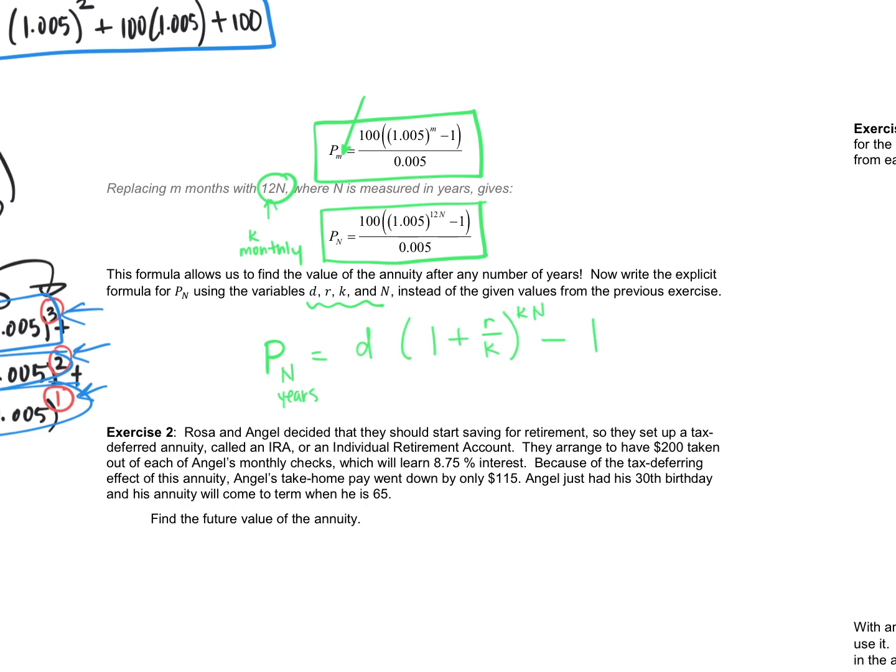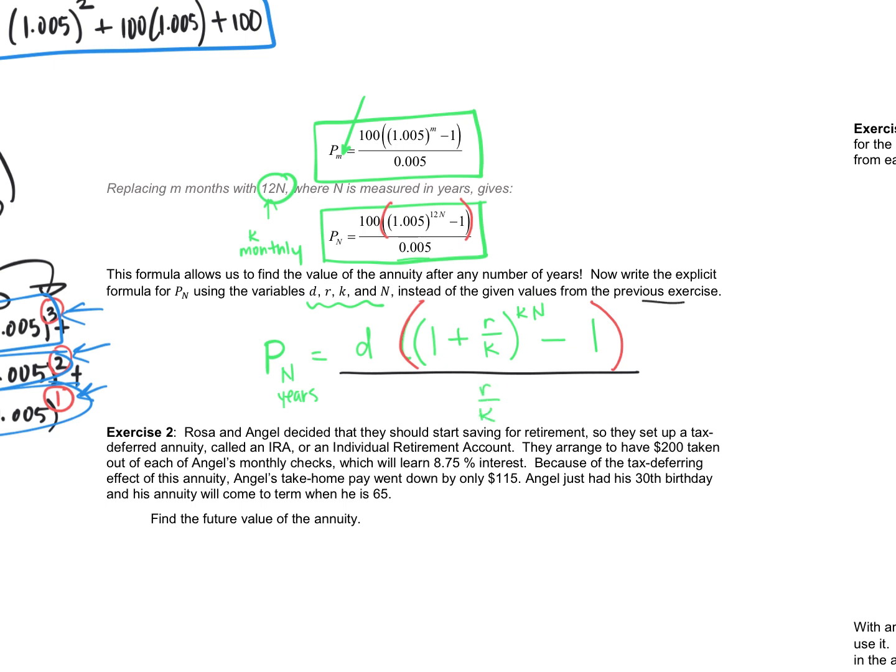And just being careful with parentheses. This parenthesis here is times that whole thing, because it's how we factored that 100 out before. So I'm going to fix that just a little bit. And then this is all divided by R, just 0.005. That would be just the R over K.